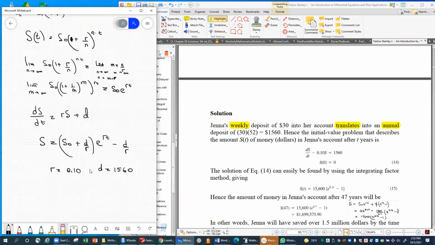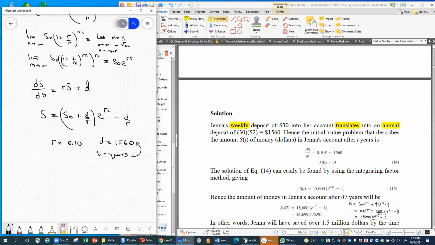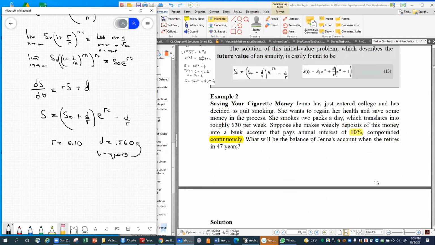We do it in terms of t measured in years, t years. That's why d is computed for the entire year. And according to the solution we got, or one of its forms at least, let's bring both of these forms here.